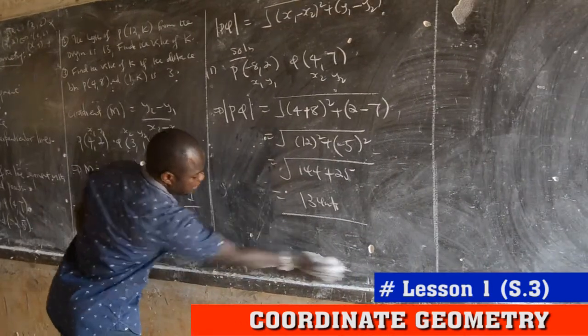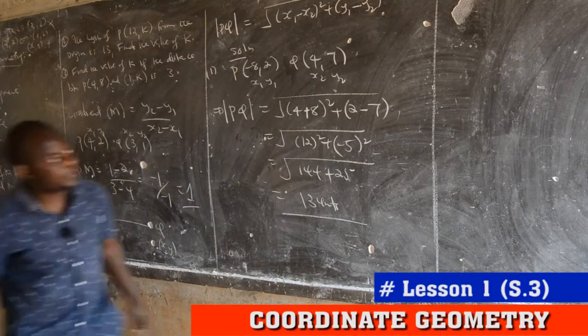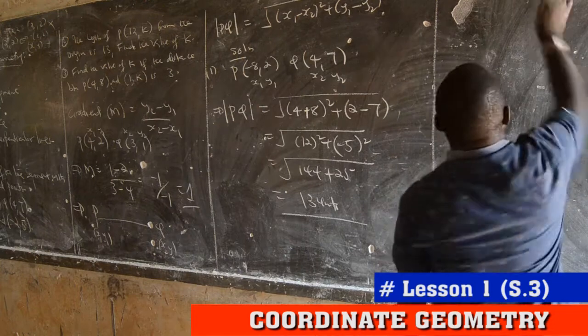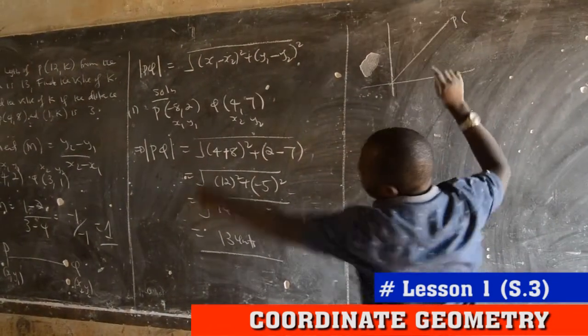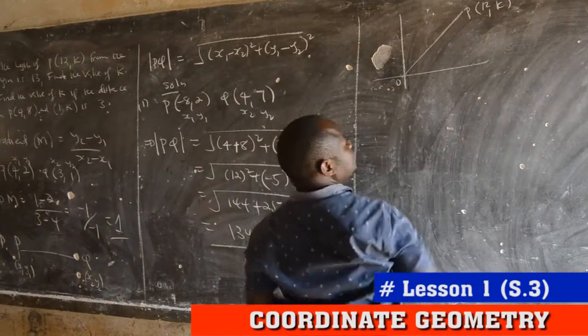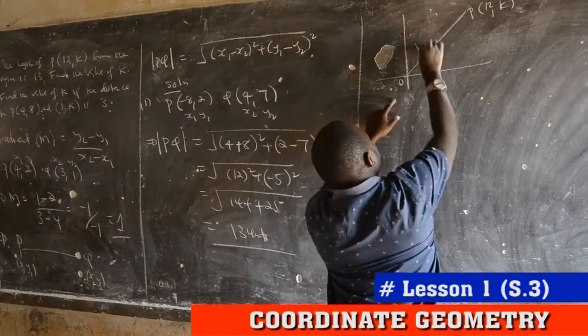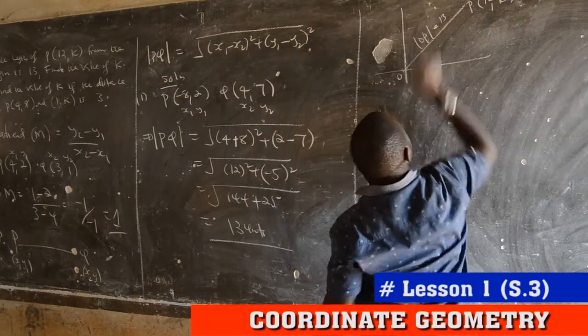Maybe let me draw it there, such that the people can see it clearly. Should I have this point P, which has the value 12k from the origin? Then this length here, OP, is what? It is 13. So what does it mean?